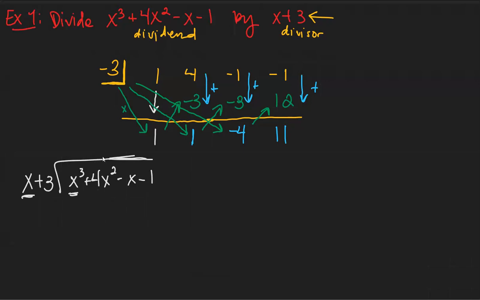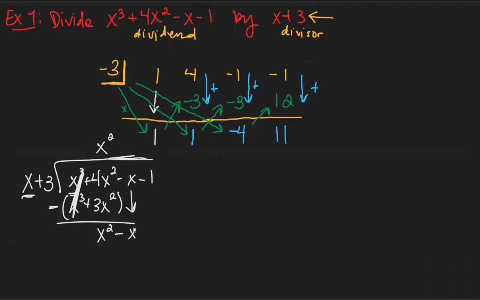That's going to be x squared, right? Because x times x squared gives me x cubed. Then I'm going to subtract off x squared multiplied into this, so that's x cubed plus 3x squared. When you do that, this goes away, and 4x squared minus 3x squared is x squared.